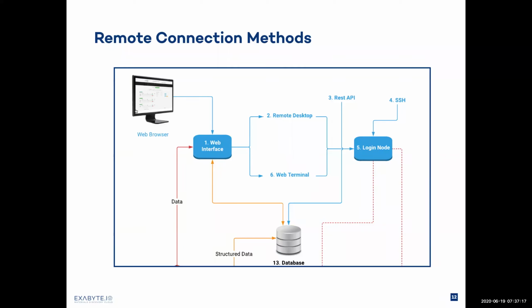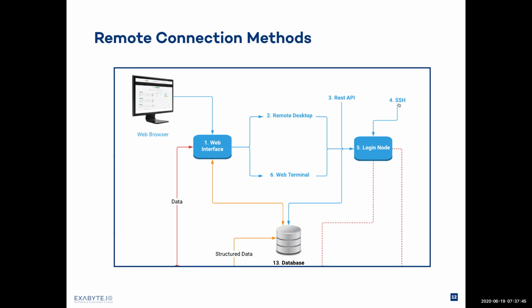So when you log into the platform using a web browser, this is the web interface that you're accessing. And there is a way to further access the login node, so the infrastructure part that is connected to the computational resources directly through two alternative connection methods, through remote desktop or web terminal that enable the connection from the web interface to the login node.